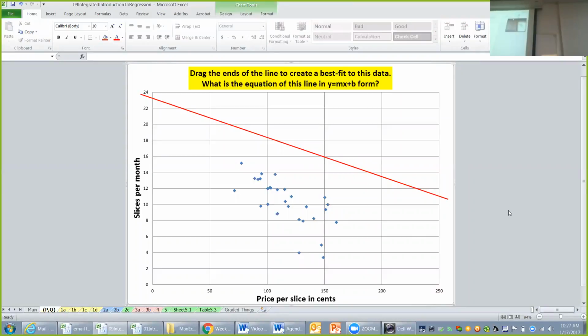One thing to note, quantity is on the vertical axis, price on the horizontal. Sometimes we do stuff like that because Excel doesn't want to play nice with it, and maybe we just don't want to fart around with it. But if you go way back to math class, the vertical axis, the y variable, was usually the dependent variable, right?